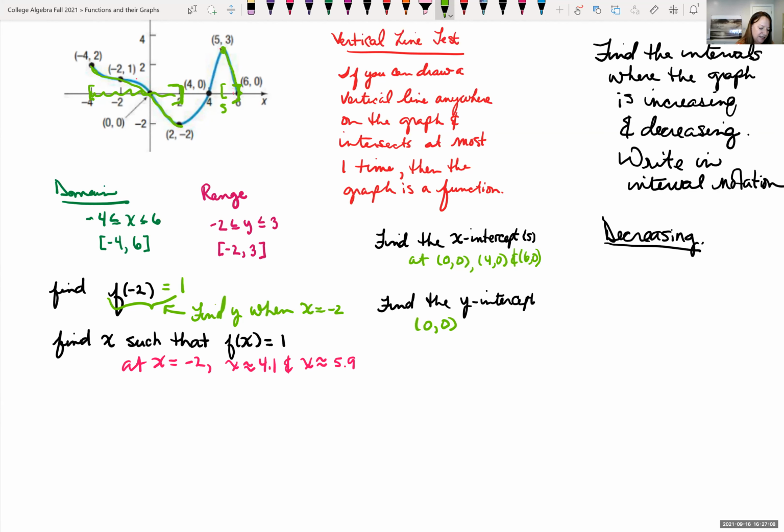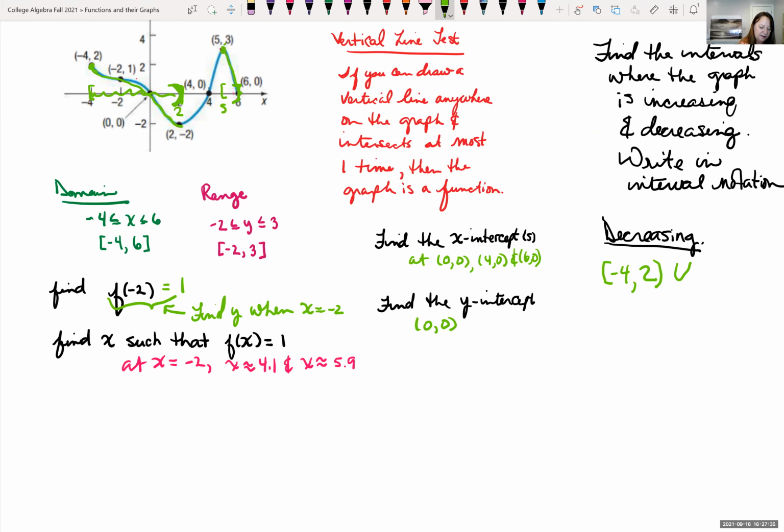So I'm decreasing. Because this is an endpoint and it's not going on forever, I'm going to put a bracket here at -4. I'm starting at -4, comma, I'm stopping when x is 2, and that's where I'm going to change direction, so I'm going to put a parenthesis. So I'm decreasing from x equals -4 to 2, union.